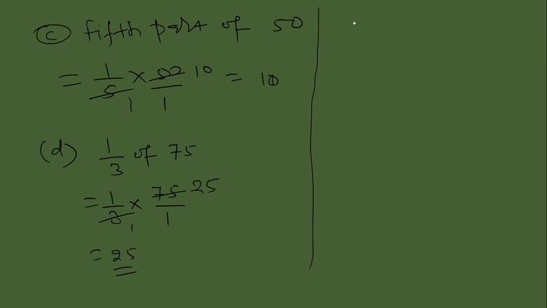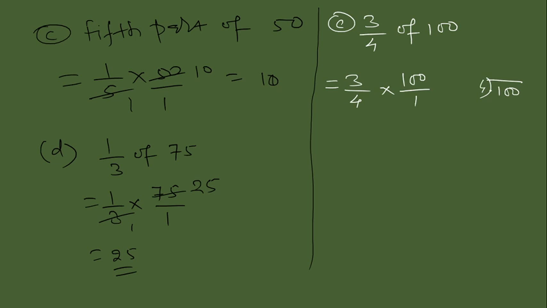How do we write it? The next one is 3 by 4th of 100. 3 by 4th part of 100. So first write 3 by 4. Multiplication sign. 100 divided by 1. So divide 100 by 4. 4 2s are 8, take 0, 4 5s are 20.